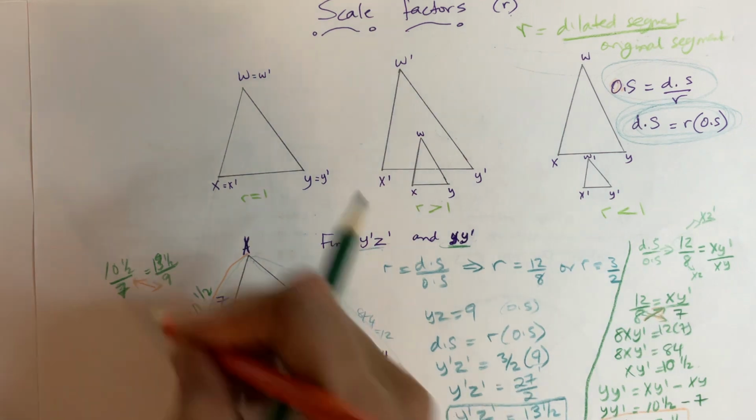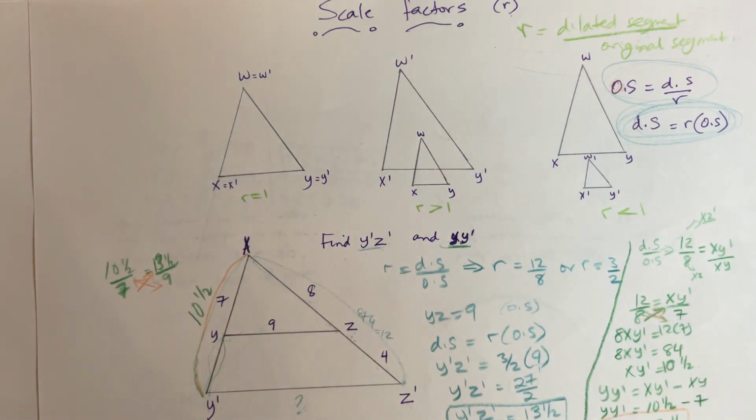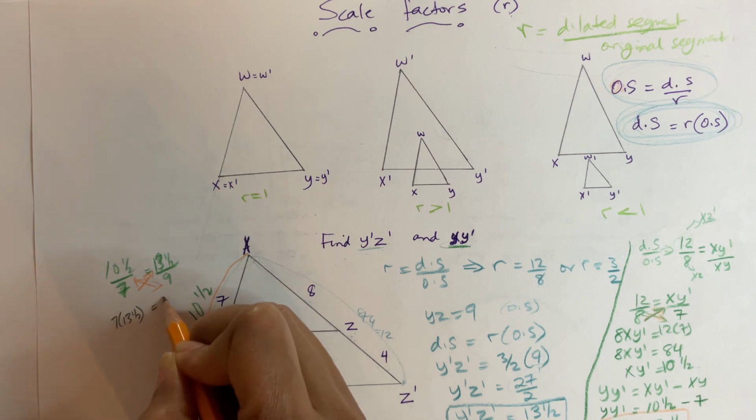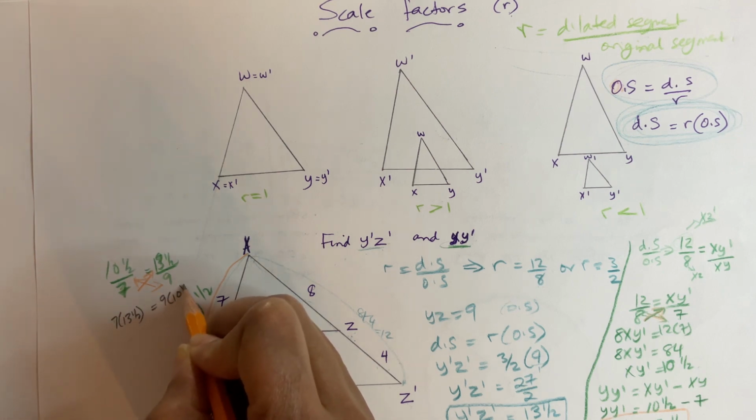These two, you cross multiply them, you will end up with 13.5 times 7, which is going to give you 94.5. So 7 times 13.5 is equal to 9 times 10.5.